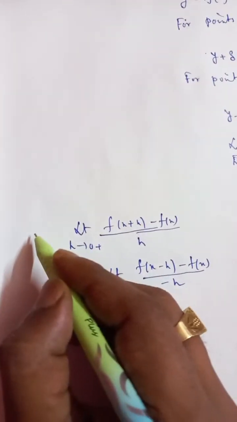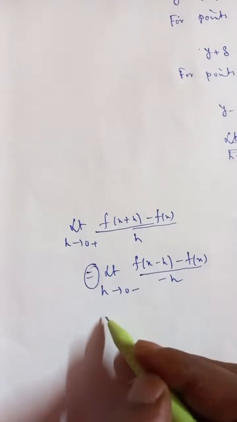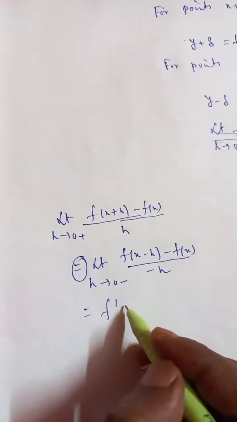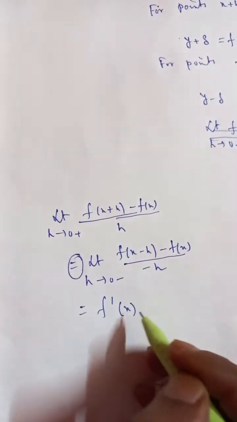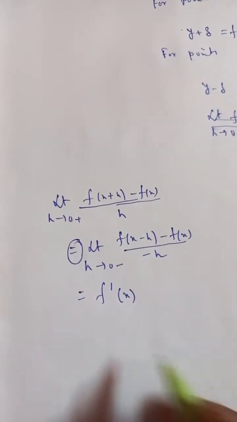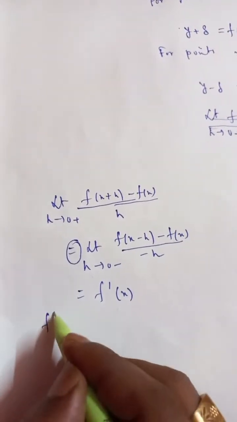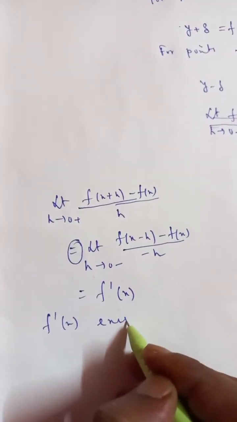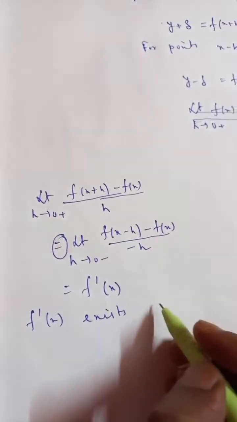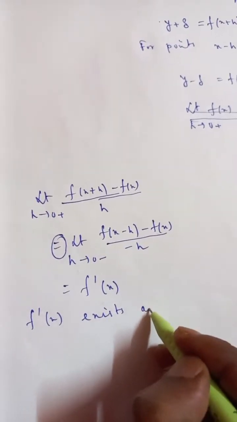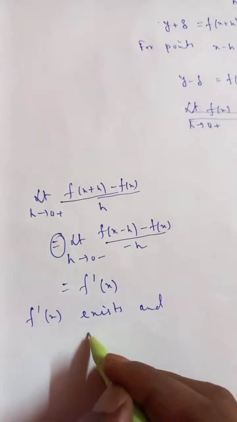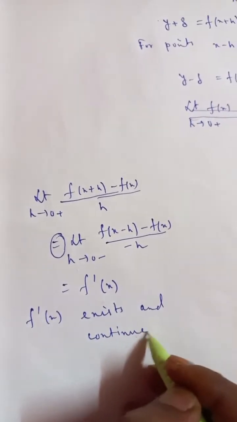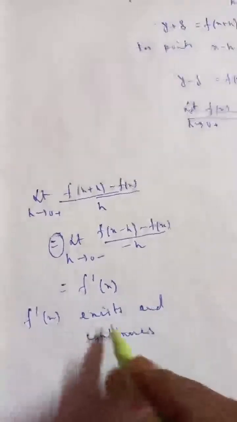This is denoted in this way f prime x. So f prime x will say exists and continuous, means the continuity holds.